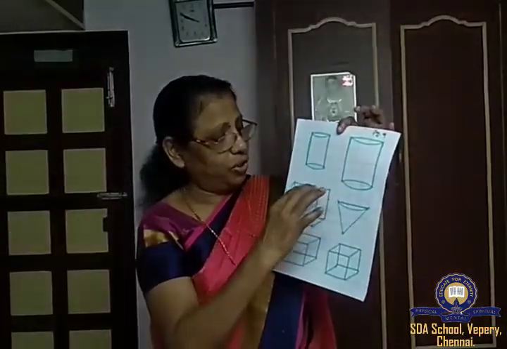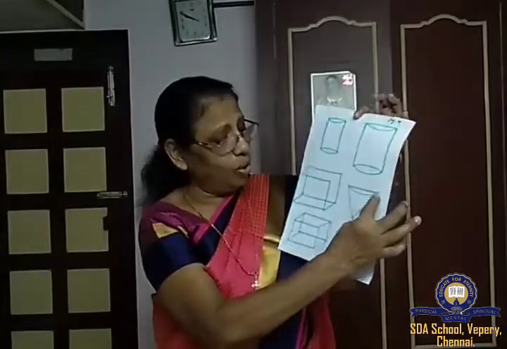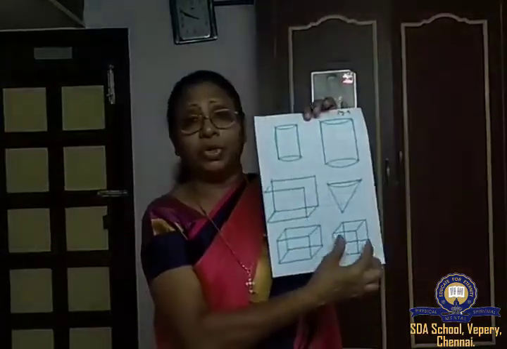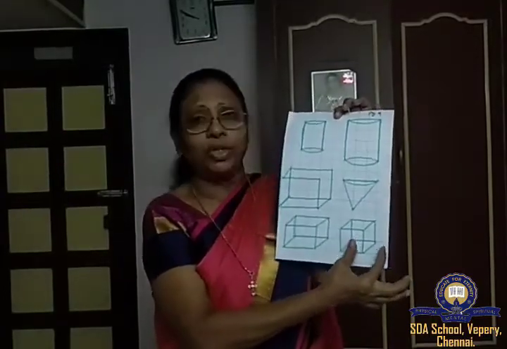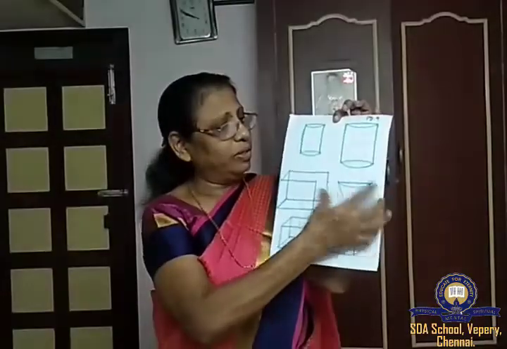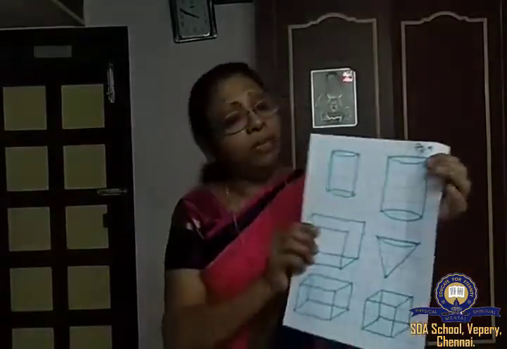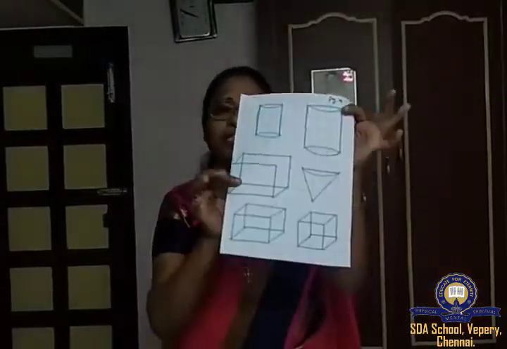You can draw a small cube and a big cube, a small cone and a big cone, all types of shapes. This is also an activity on page number 9, and it is going to really help you. You should know how to draw, how to identify, and how to spell all the 2D shapes and 3D shapes.